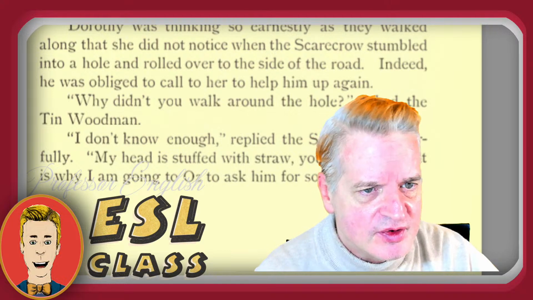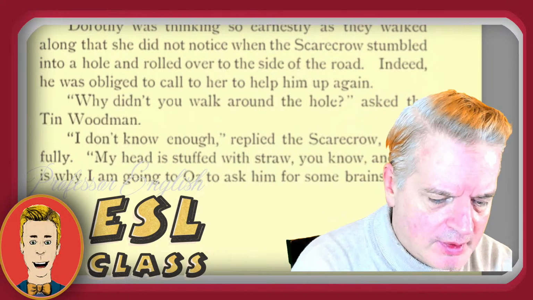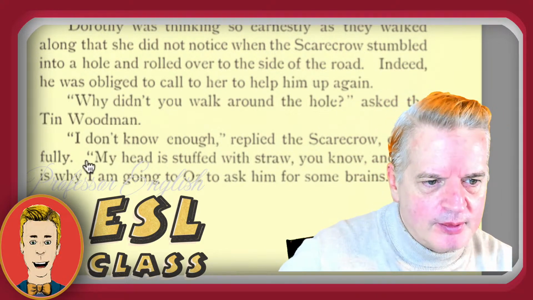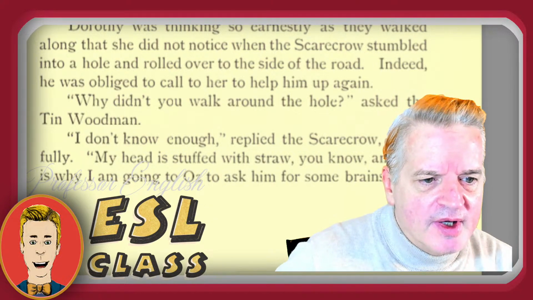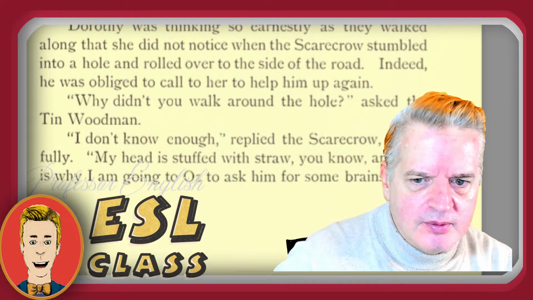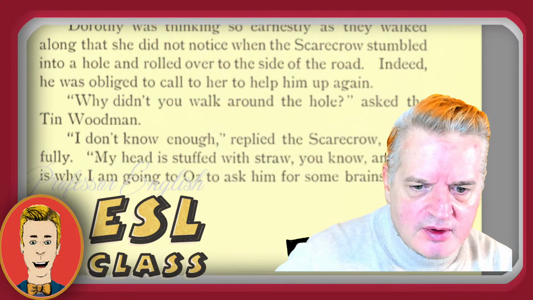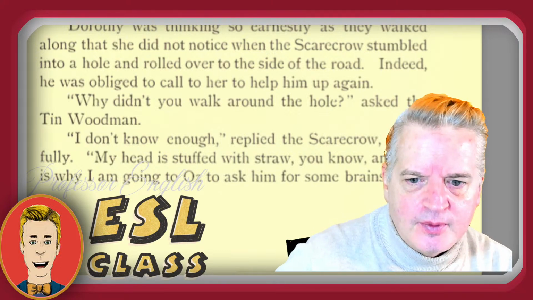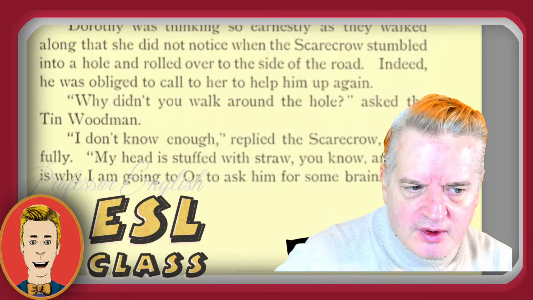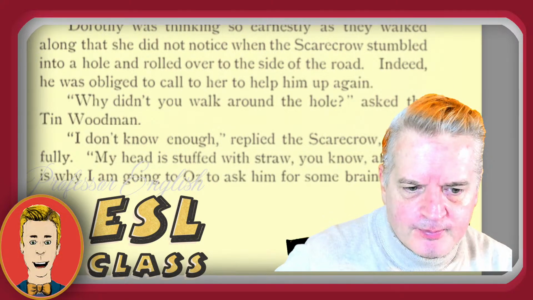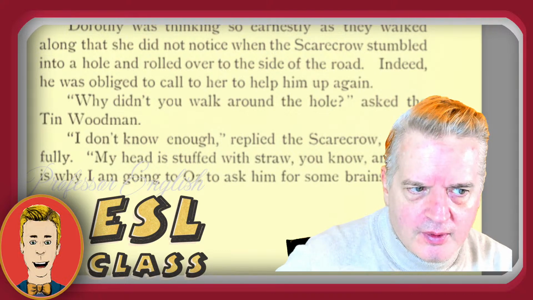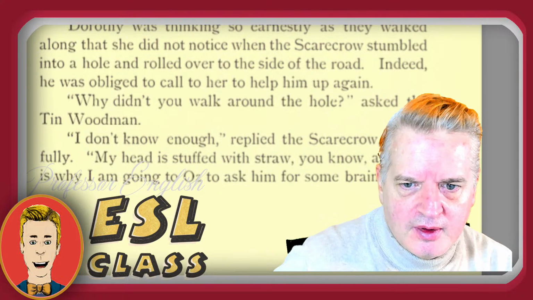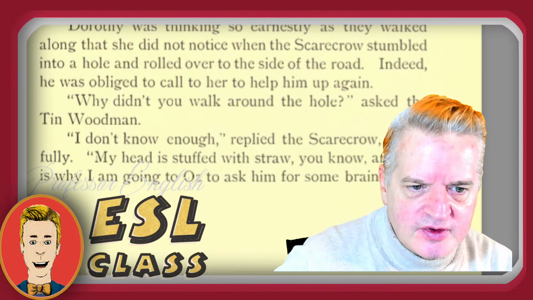Okay, let me show you. Stumble is a pretty interesting word. Let's see if we can find a picture of stumbling. When you stumble, it's usually because of an object. They have a lot of pictures of stumbling, but I guess this is probably the best way to think of it.